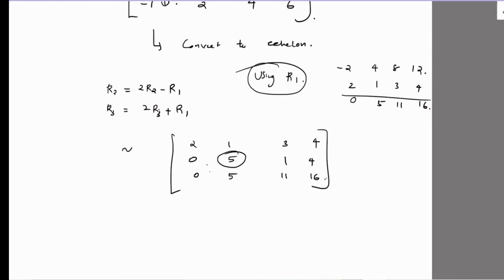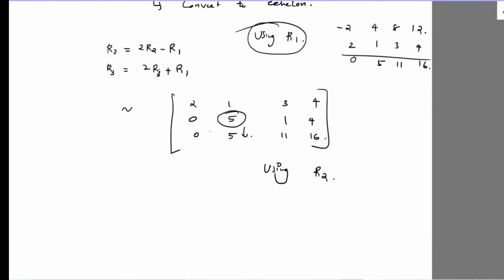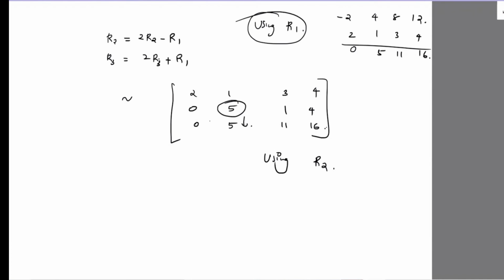We are going to make all the entries vertically down to this leading coefficient 0 using the second row. So we use R2 to make all the entries below 5 zero. What is the operation? Simply subtract row 2 from row 3. That is R3.